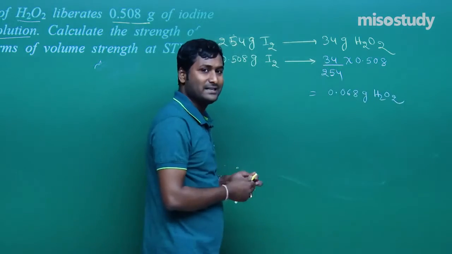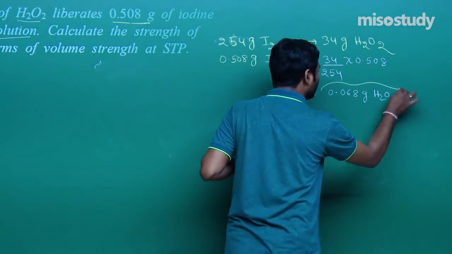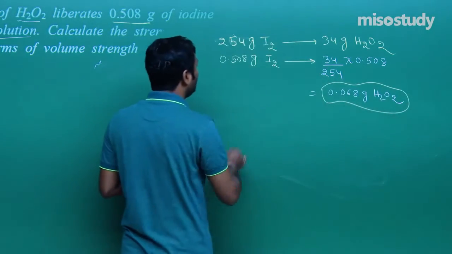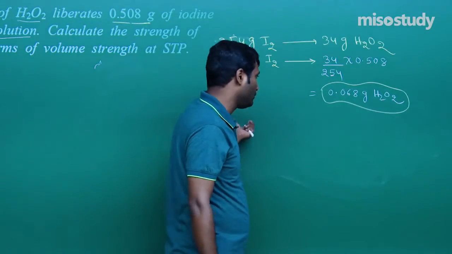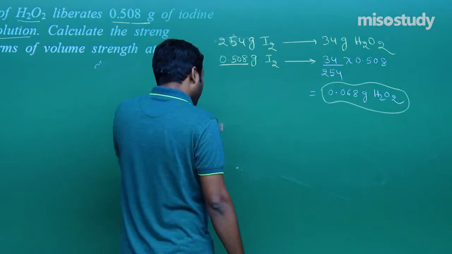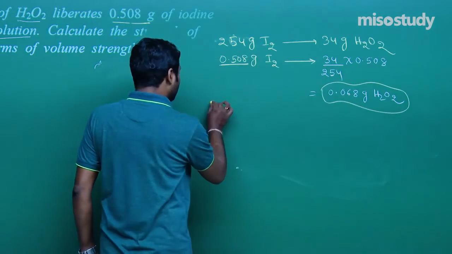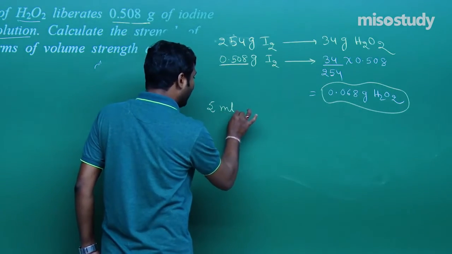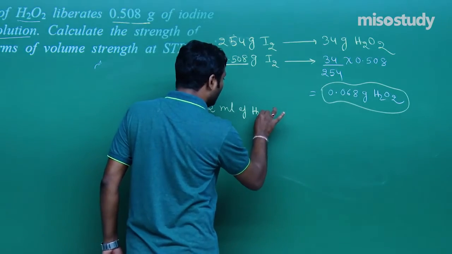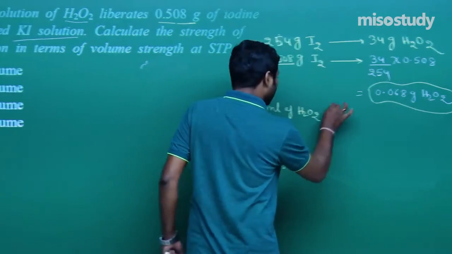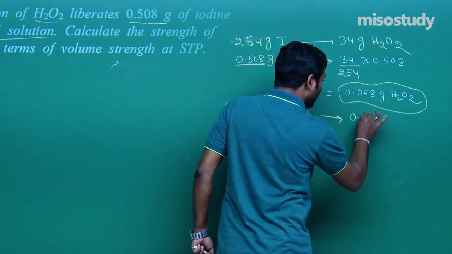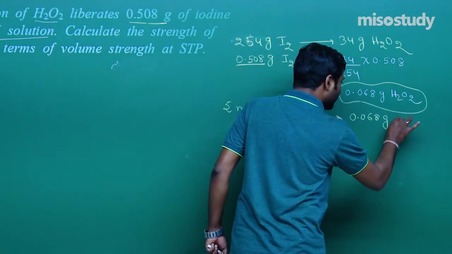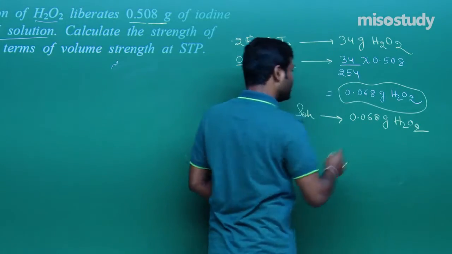Clear? That is the amount of H2O2 required to give 0.508 gram of I2. Now according to the question, 5 ml of H2O2 solution has how many gram? 0.068 gram H2O2. This is the question.